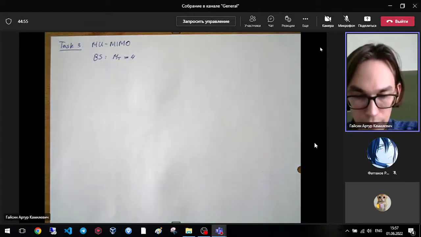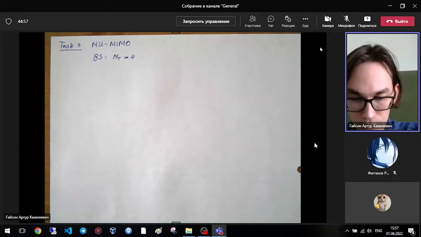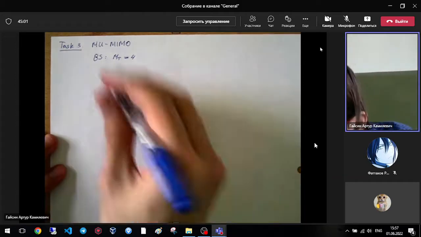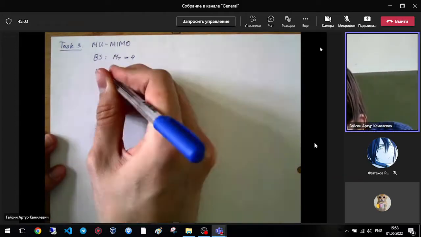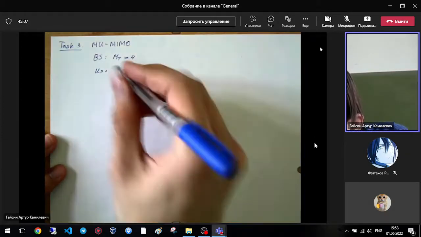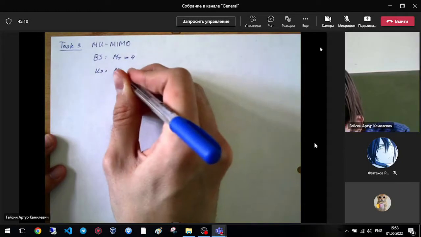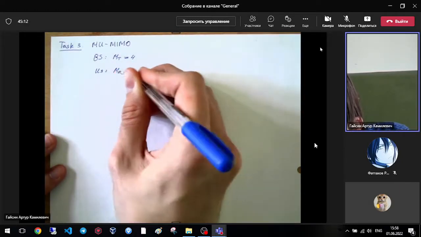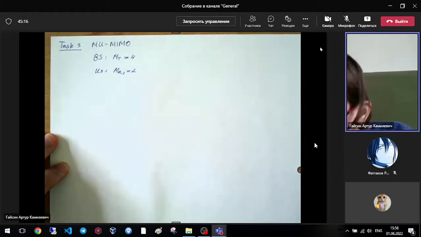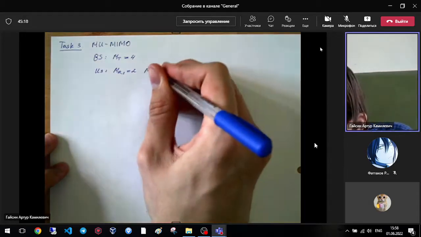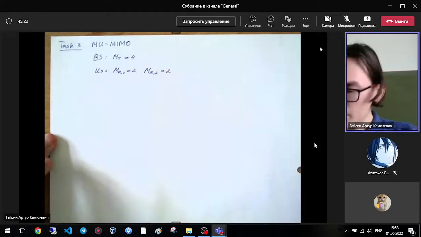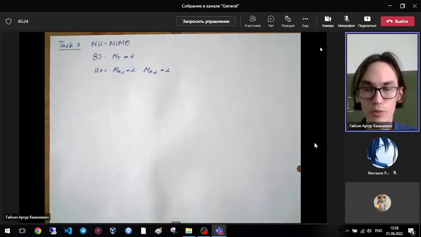And moreover, there are 2 users, and each of them has 2 antennas. So let me write it as users. For the first user, we have number of receive antennas equal to 2. And the second one also has the number of antennas equal to 2.